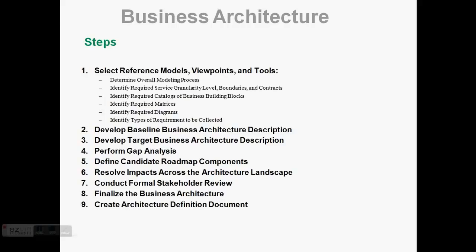Existing business processes to be carried over and supported in the target environment may already have been adequately defined in previous architectural works, but if not, they too will need to be defined in phase B.